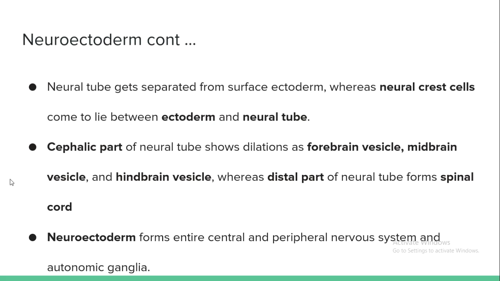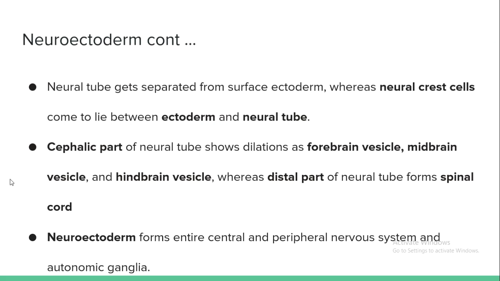The cephalic part of the neural tube shows dilations as the forebrain vesicle, the midbrain vesicle and the hindbrain vesicle, whereas the distal, lower part of the neural tube is the one that forms the spinal cord, which elongates posteriorly downwards.